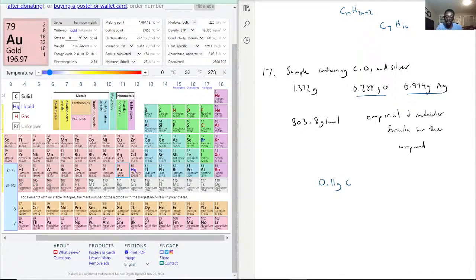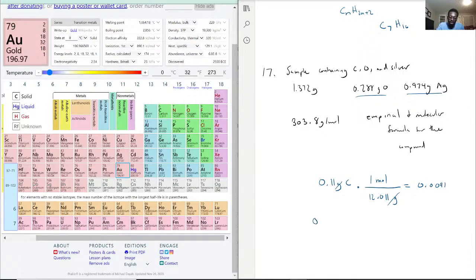Now the next step is that you want to convert each of these into moles. Let's start with carbon. 0.11 grams of carbon, divided by 12.011, the atomic mass, because you want to just get the moles of each one. The grams cancel out, and that gives 0.0091.